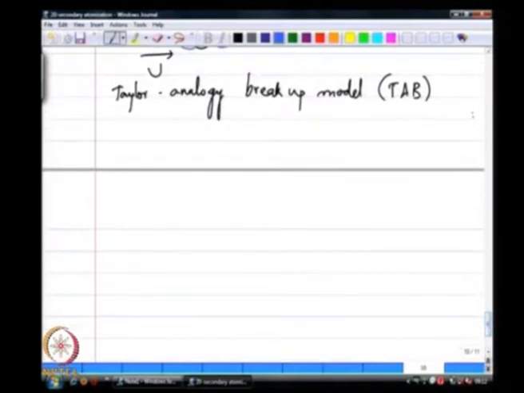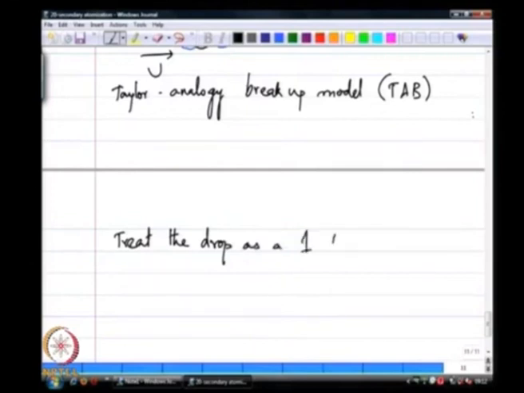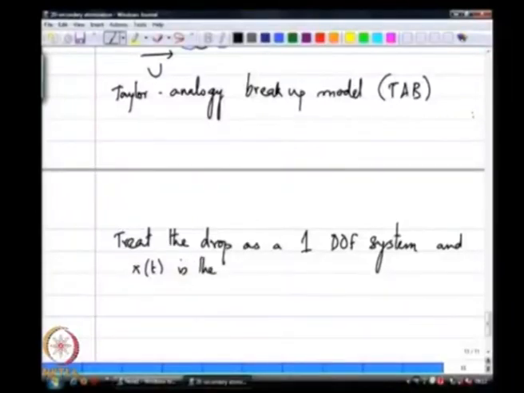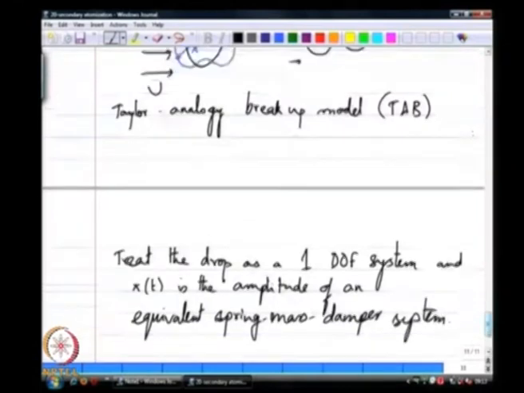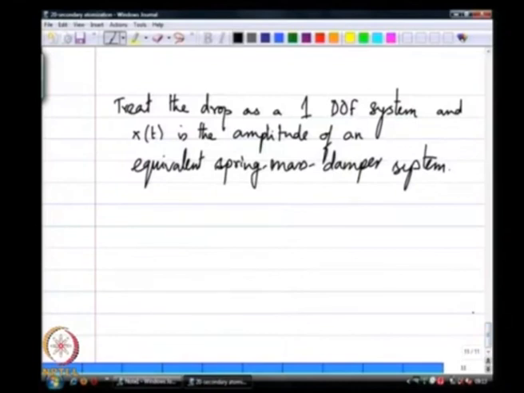So, you treat this system as a one dimensional, 1 degree of freedom system, with an amplitude response to an equivalent spring mass damper system.